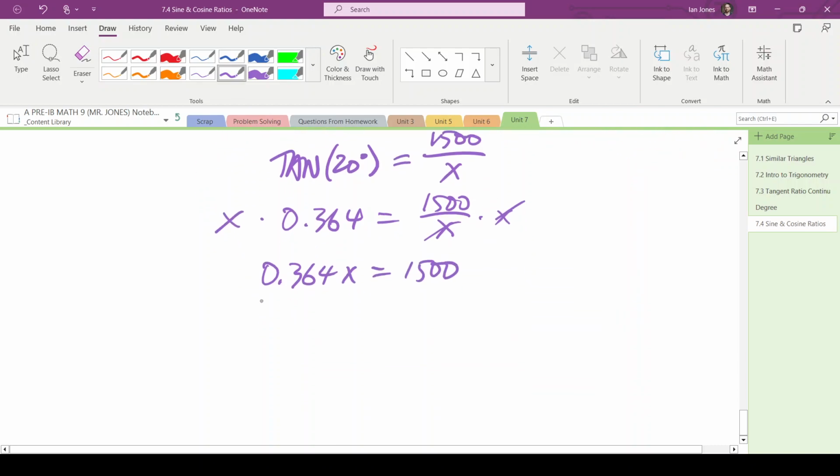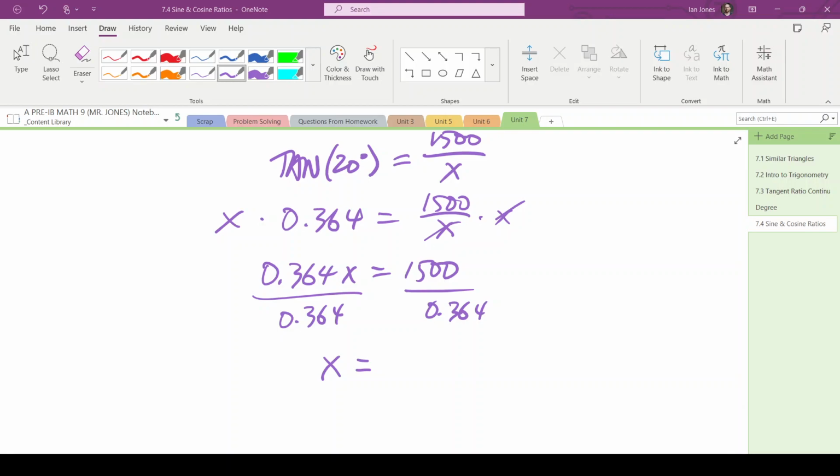I'm going to divide both sides by 0.364. That gives me x is, let's see here, 1,500 divided by 0.364. I get 4,121 to the nearest whole. Whoops, 4,121. Let me erase that. 121 meters, because it was in meters.